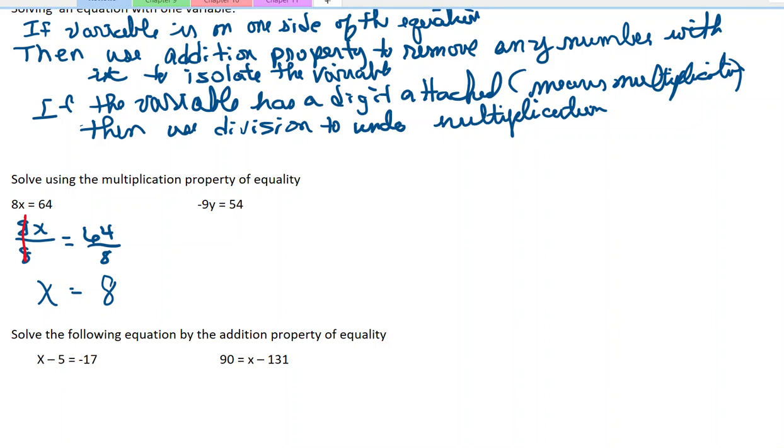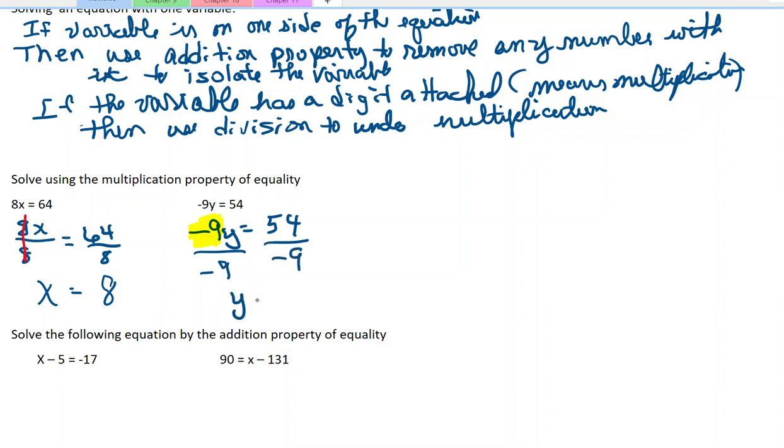Now, notice here we have a negative 9y equals 5/4. All right, so this means that this right here is the digit attached to the variable. So I'm going to undo that by dividing by a negative 9.